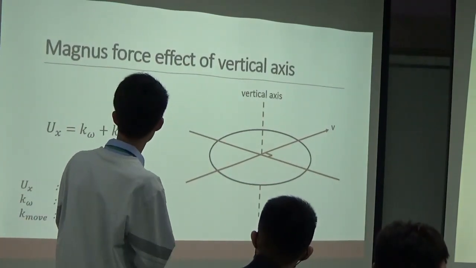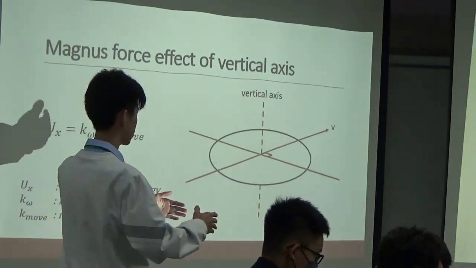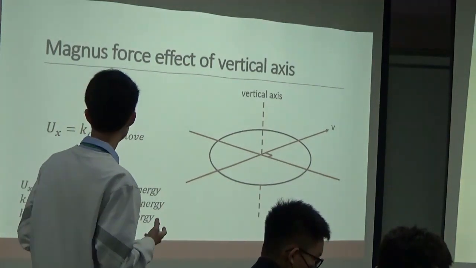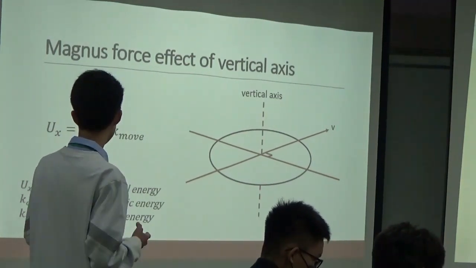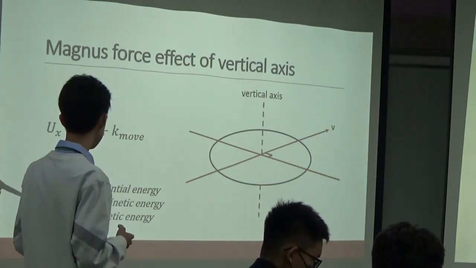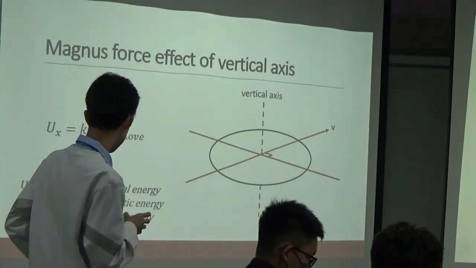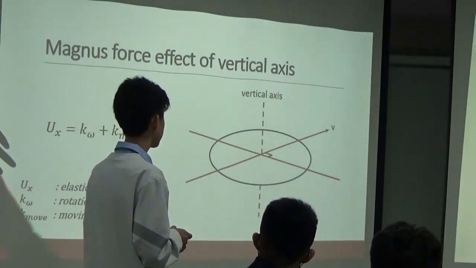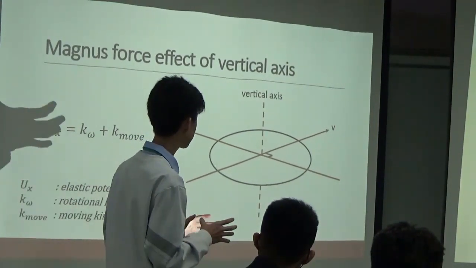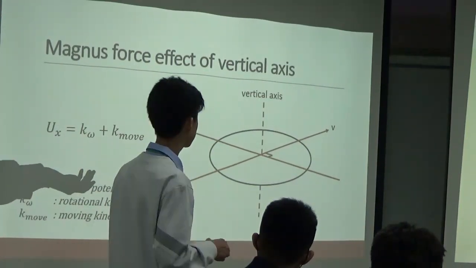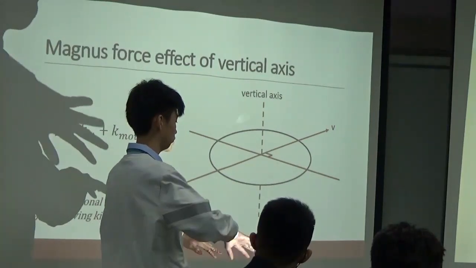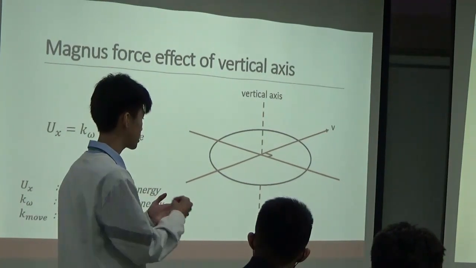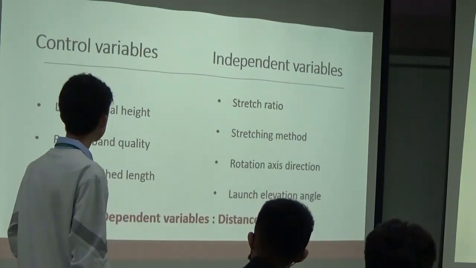And I think the motion in fact vertical is like this: the elastic potential energy will equal the potential energy plus the kinetic energy. And as in this picture, it only makes the rubber band go left and right, and so it moves vertically, so I think it will not affect the distance much.